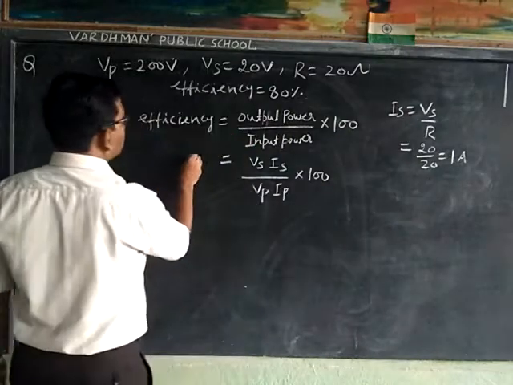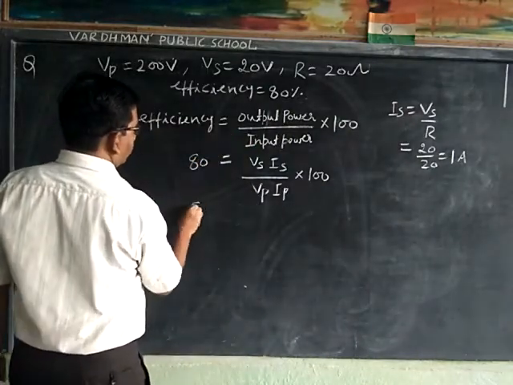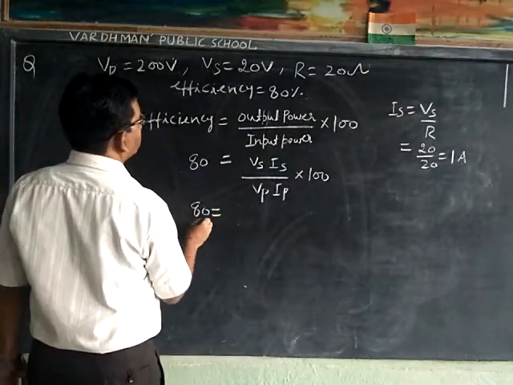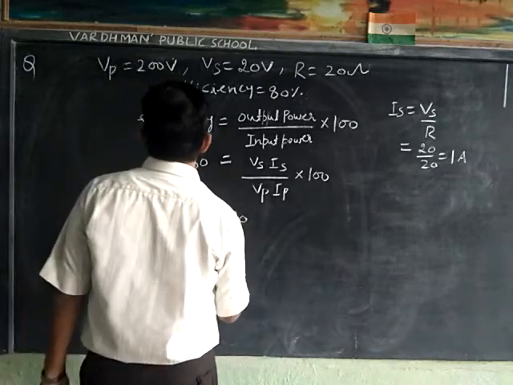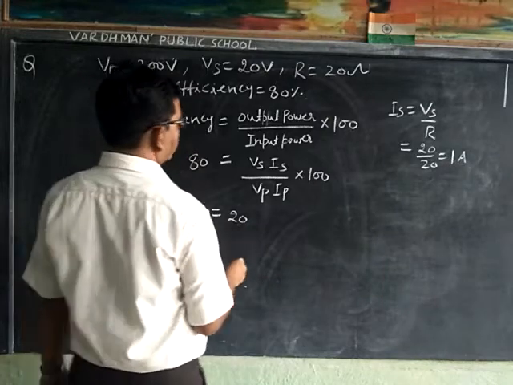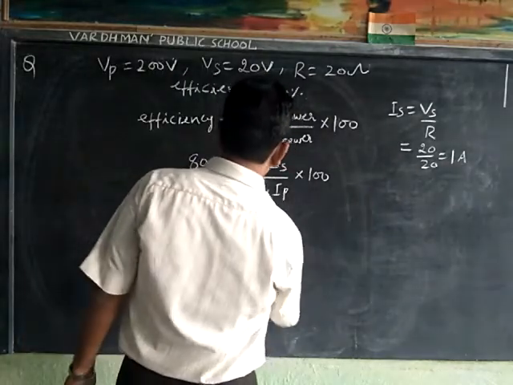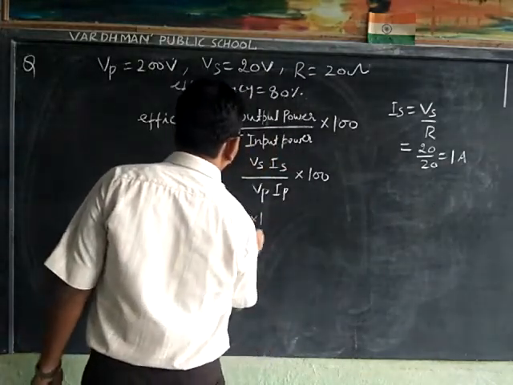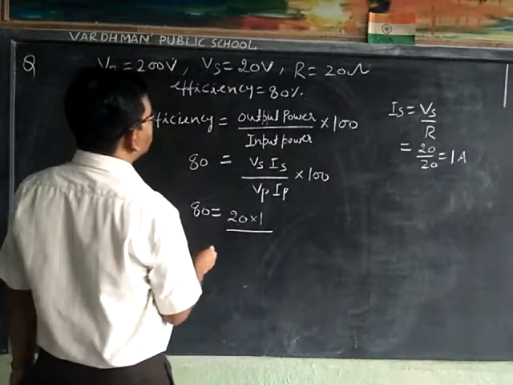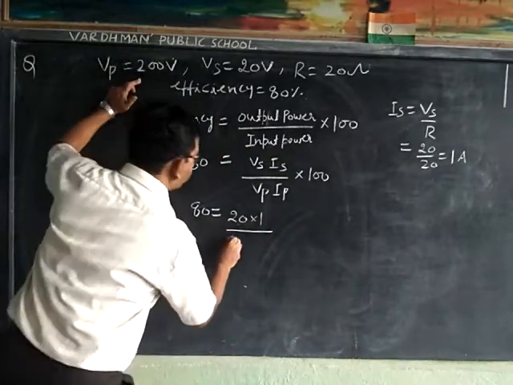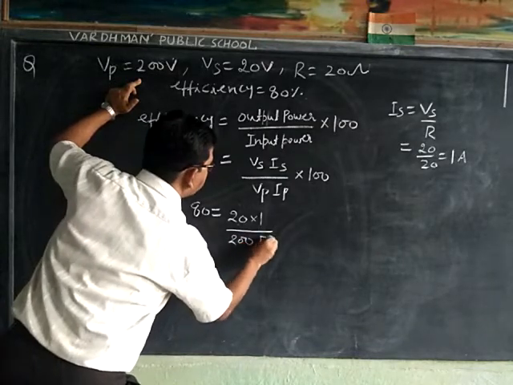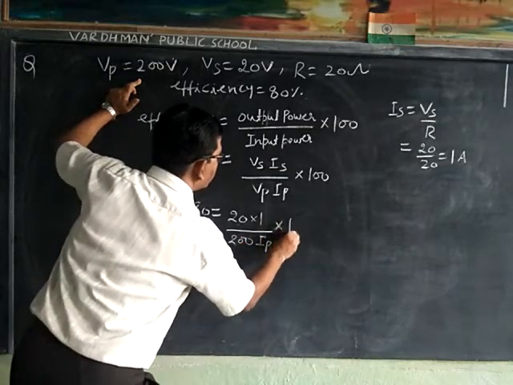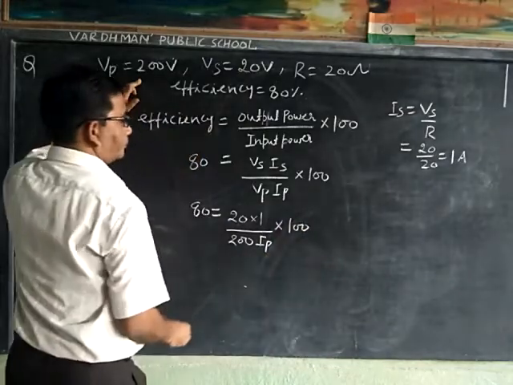Now efficiency is 80, so 80 is equal to Vs Is, that is 20 into 1, upon Vp Ip, that is 200 Ip, into 100.